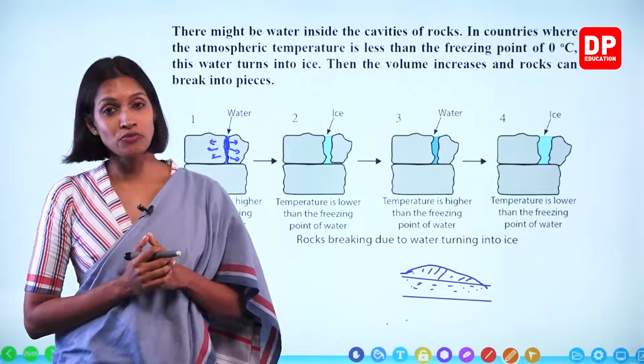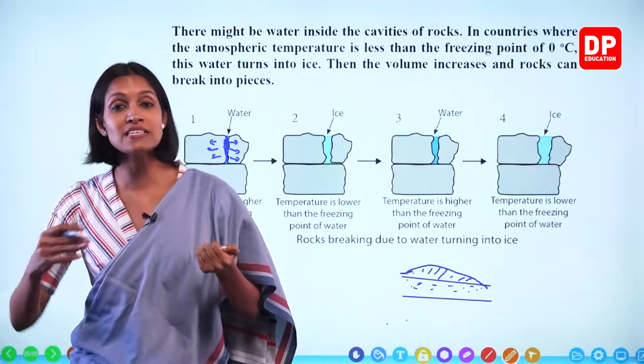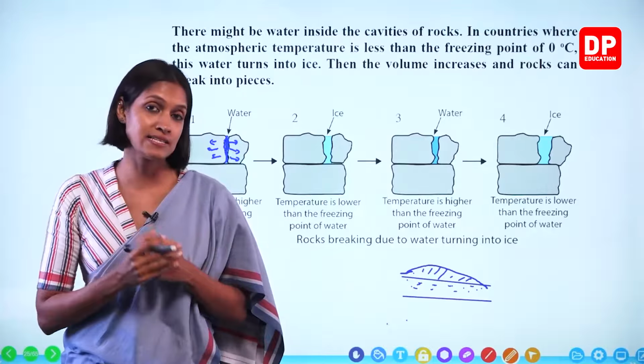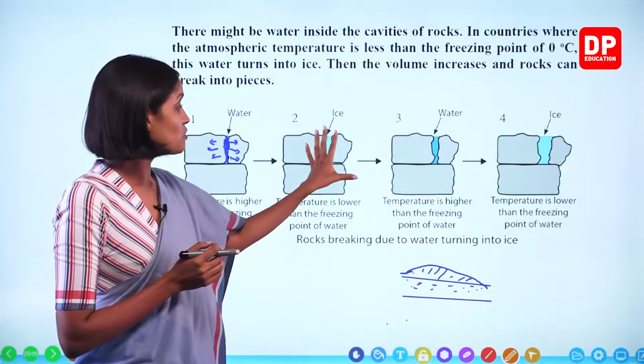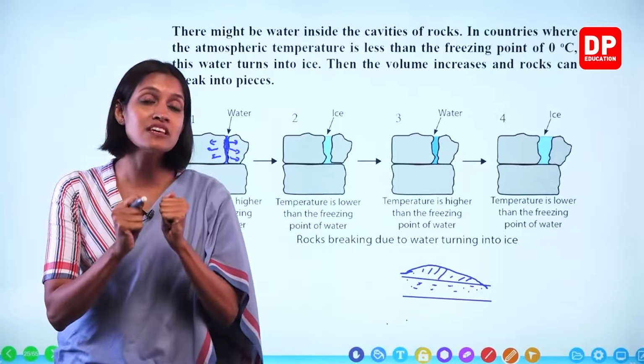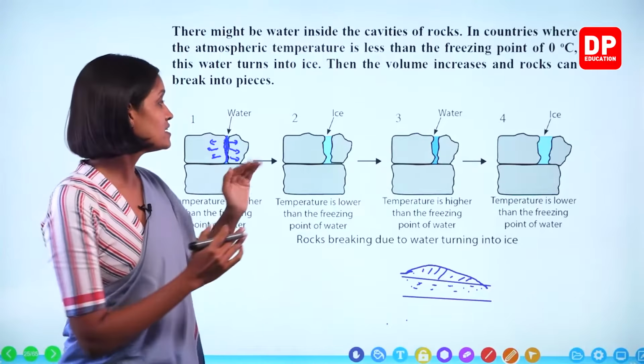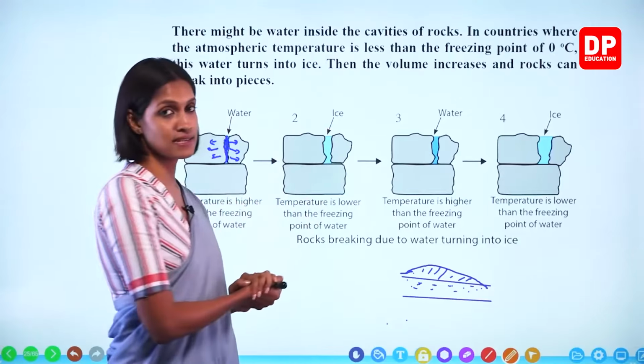Right? So if you consider a certain amount of water, when it turns into ice, its volume increases. Because of this increase, that increased volume gives a little pressure towards the sides of the crack. So the size of the crack increases.